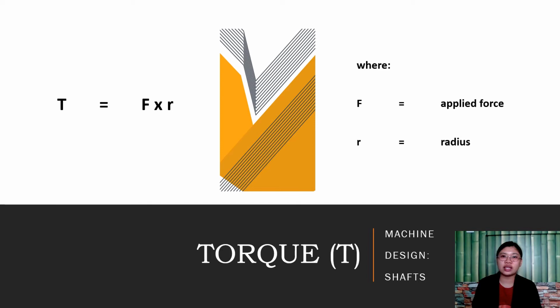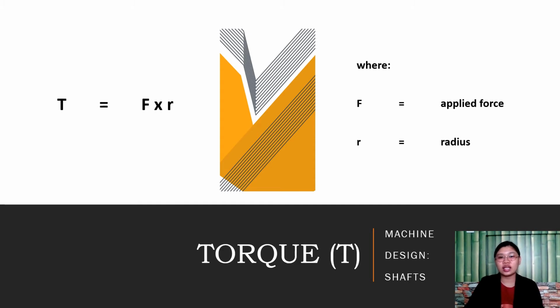If you see in a given that there is a radius or a diameter, you can go vice versa, and you can solve for the torque if it is not given, provided that you have the applied force.